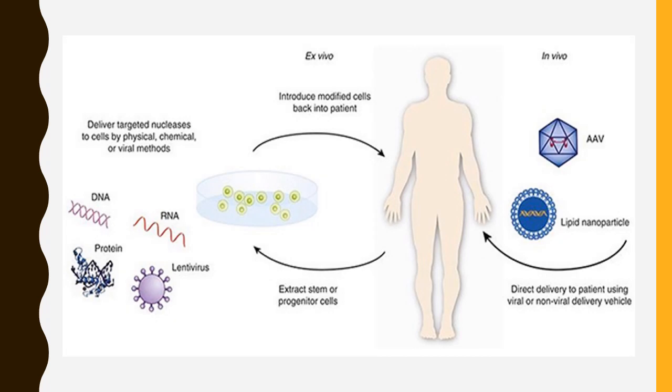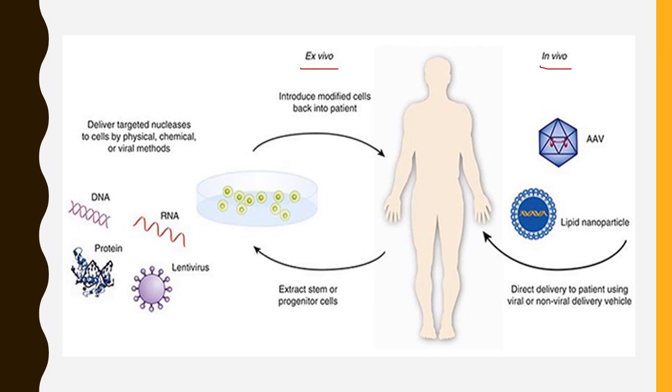This image shows the methods of somatic gene therapy. In ex vivo, the stem cells or the progenitor cells are extracted from the patient's body and let to grow in the laboratory, and then the virus which carries the desired gene is inserted into the cells, and then the cells are let to grow and inserted back into the patient's body.